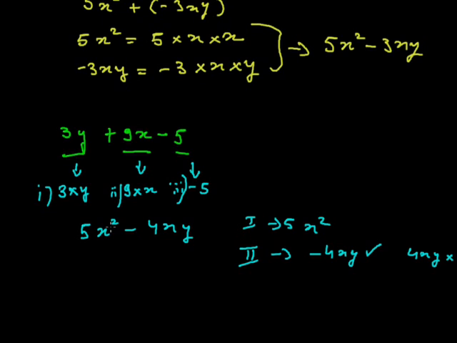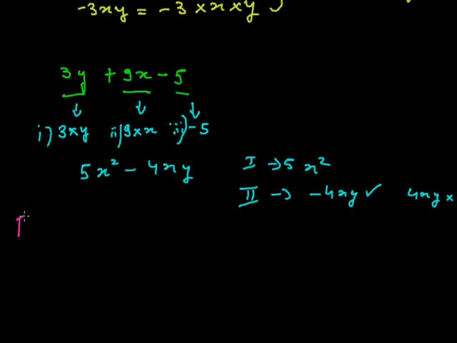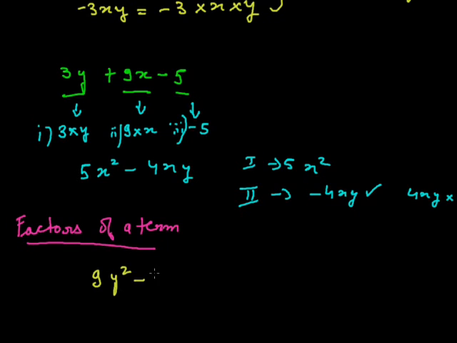If we say the two terms of this expression, we can say that the two terms are 5x square and minus 4xy. Next is factors of a term. In the expression 9y square minus 5xy, the factors of the first term, 9y square, are 9, y and y.